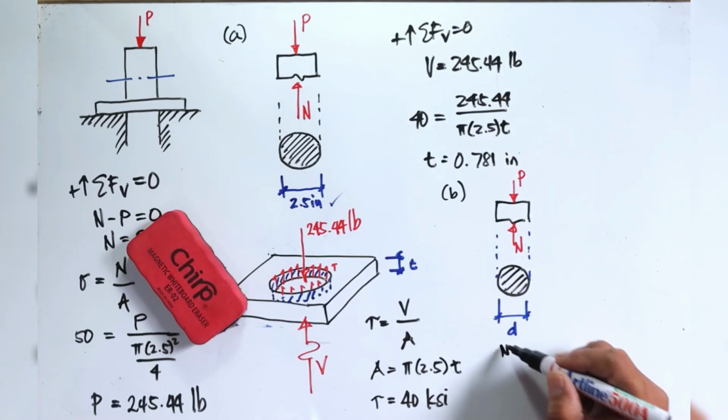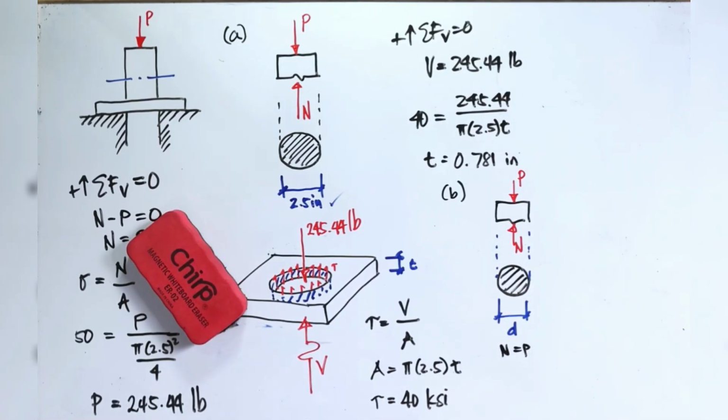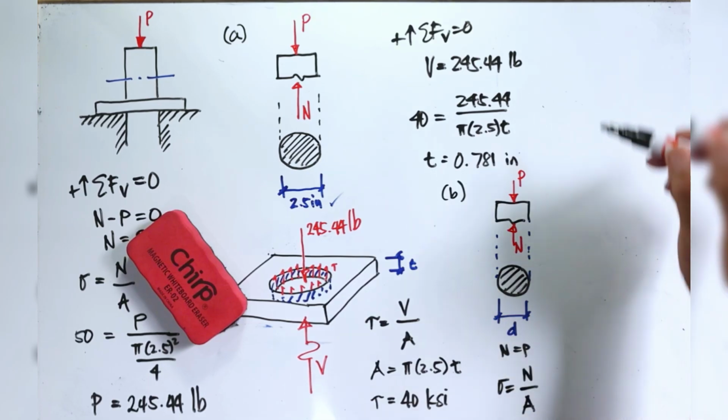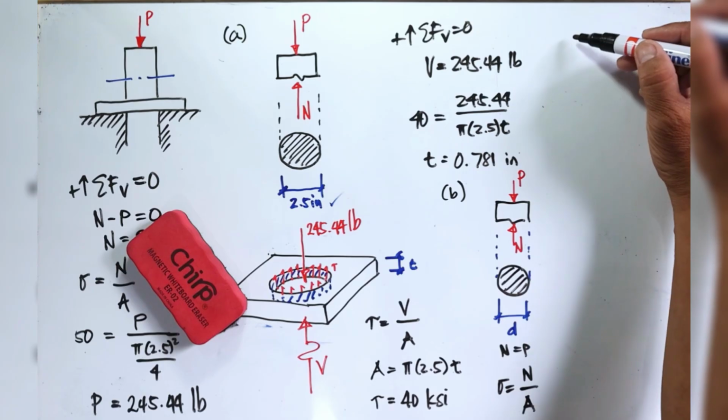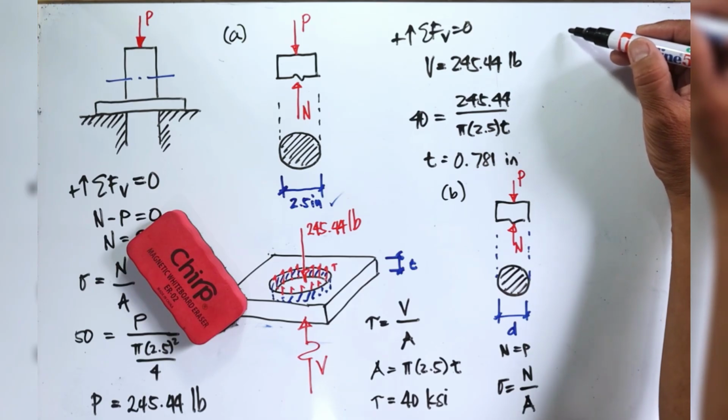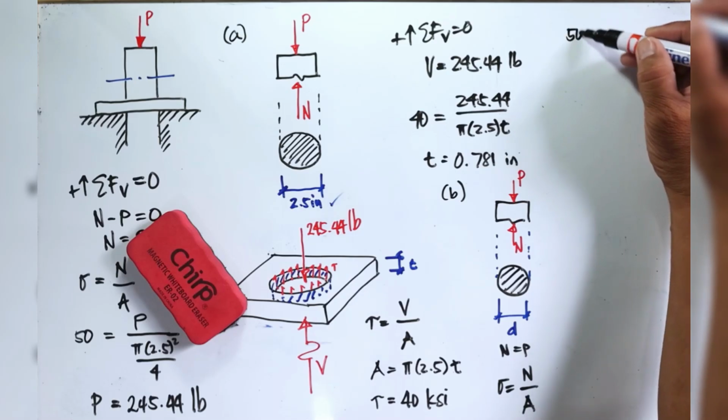So N equals P, and then our stress, which is N over area, now becomes, stress here is 50 ksi.